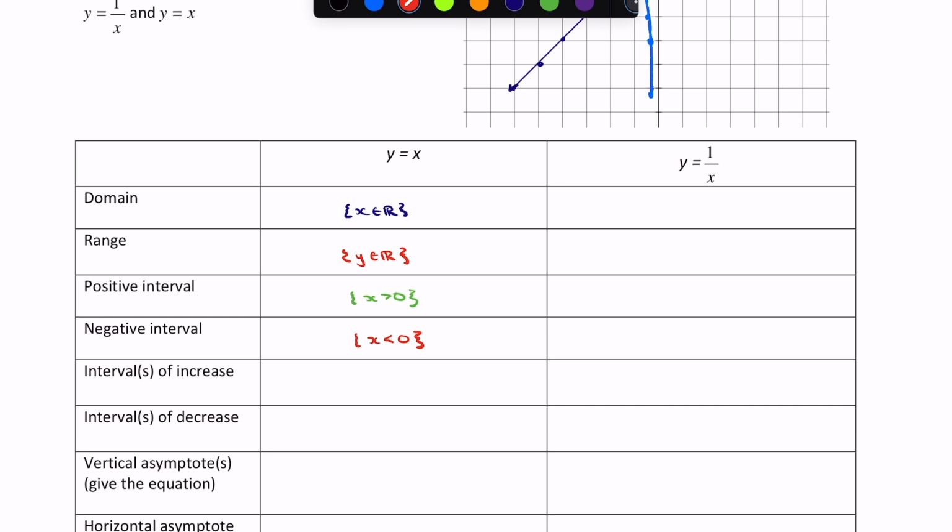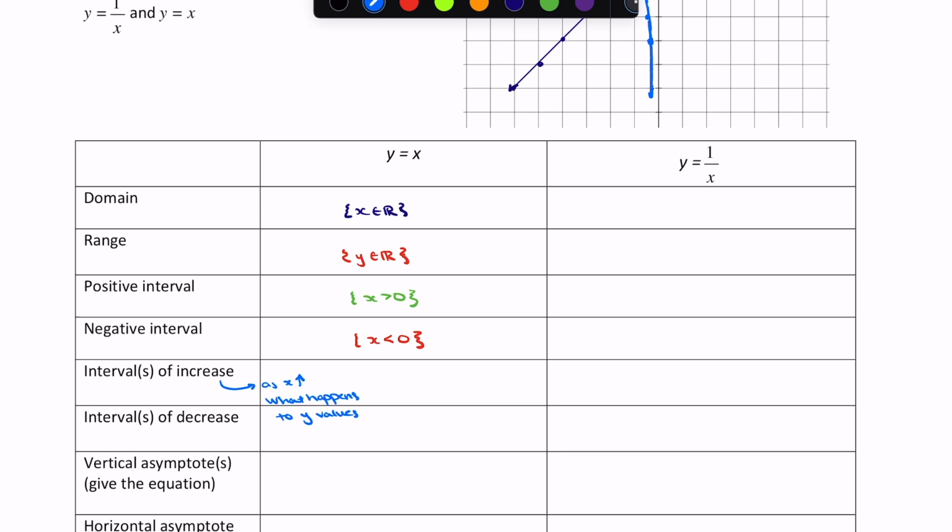And then here we look at the intervals of increase. What the intervals of increase are is we can describe it: as x increases, what happens to y values? If those are also increasing, that's where the intervals of increase are.